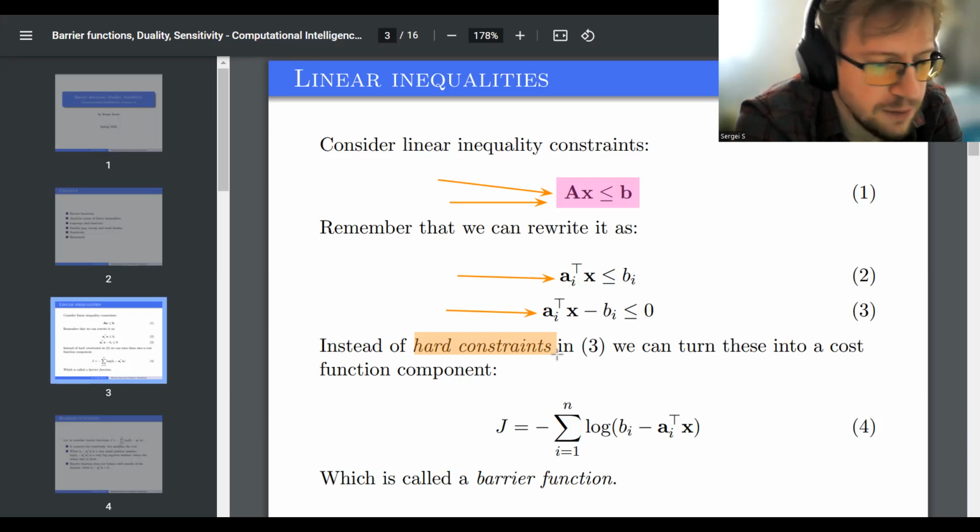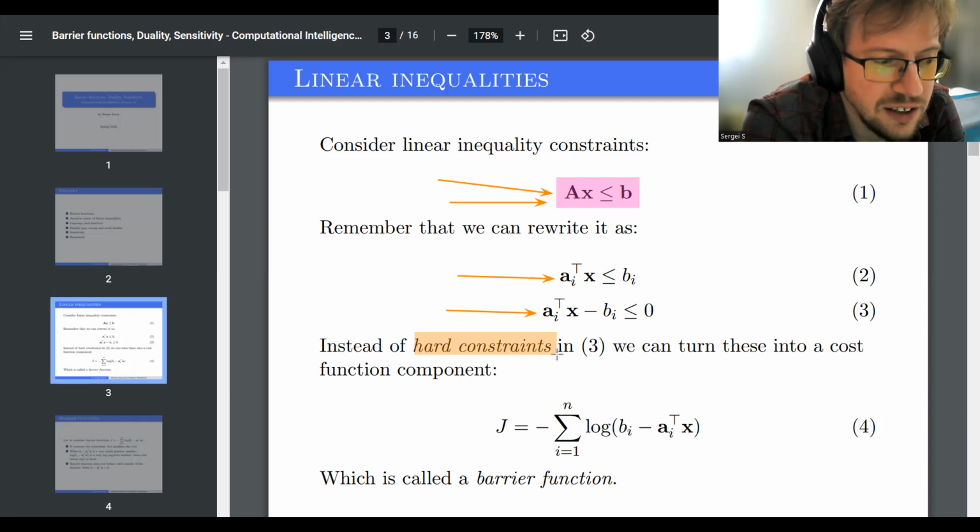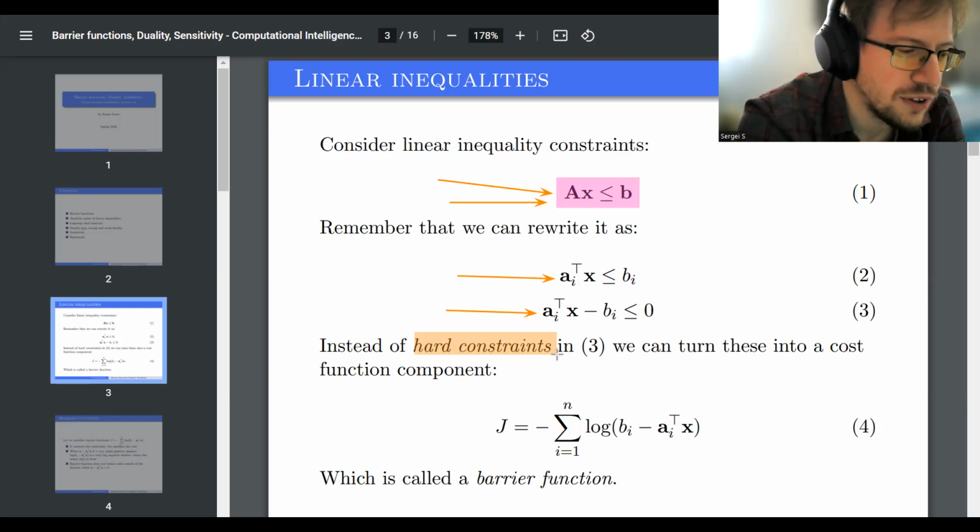Instead, what we prefer is a soft constraint. A soft constraint is the idea that you put a constraint in your optimization function, in your cost function. So trying to violate the constraint radically increases the cost. By radically, I mean the cost grows so fast that it would overpower all advantages or disadvantages associated with anything else.